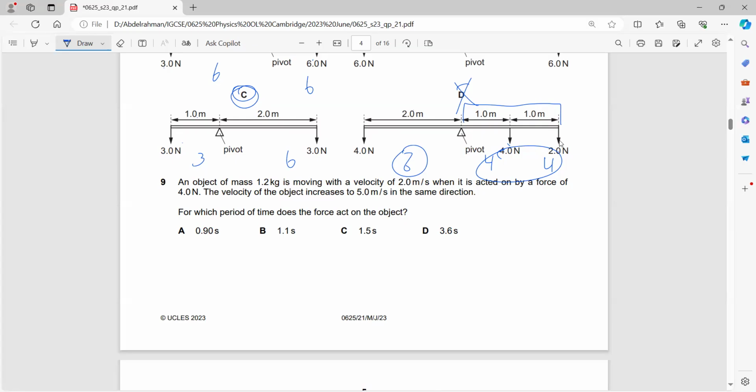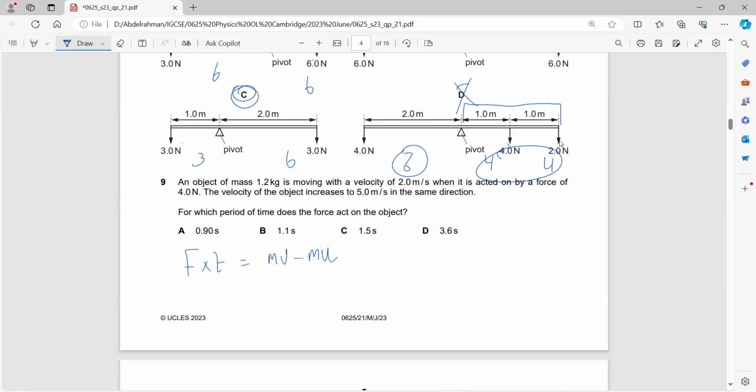You can actually solve this question using two methods, either using the impulse equation or using the force equals mass times acceleration equation. Both would give you the same answer. I would use force times time, the impulse, which might be a bit easier. Force times time equals mv minus mu.